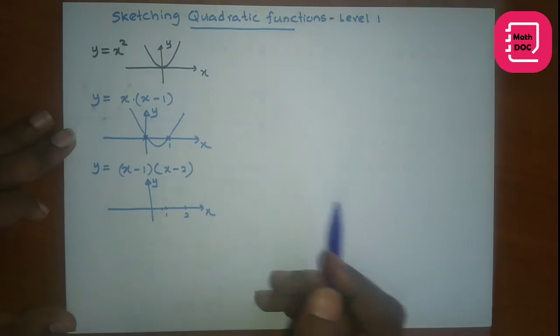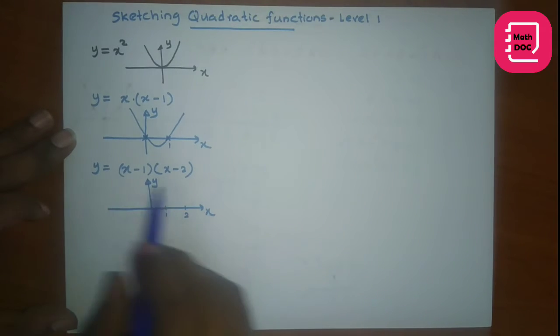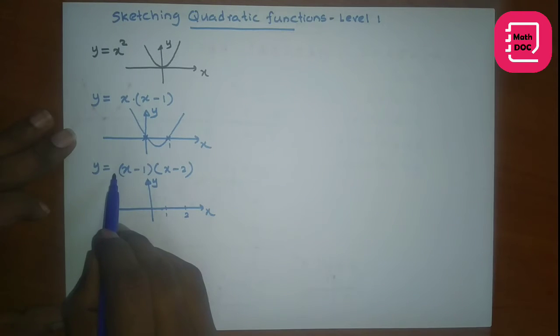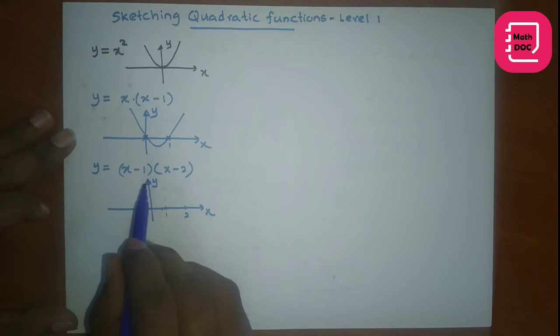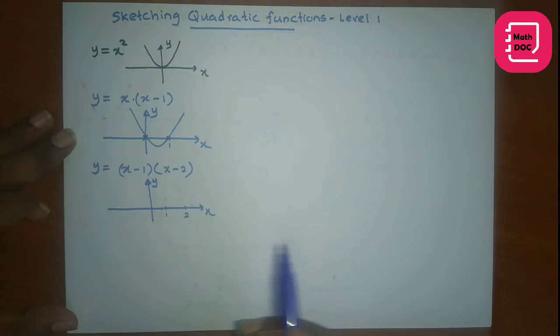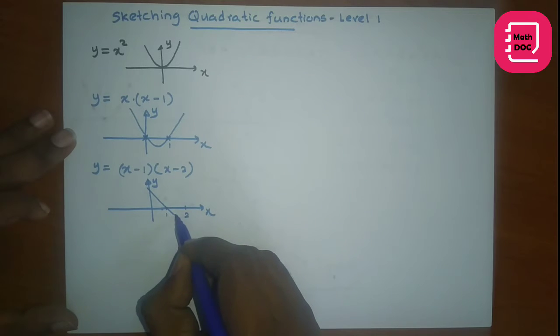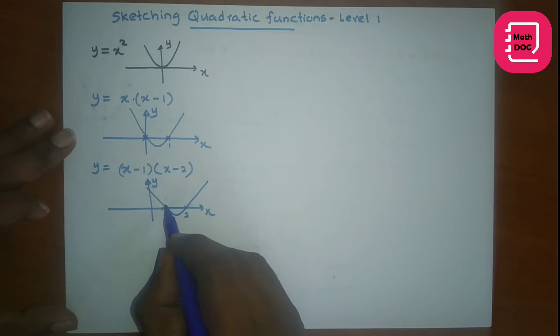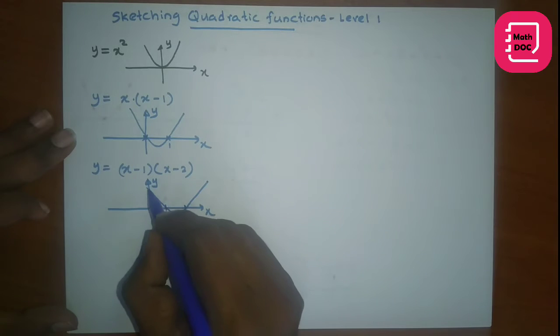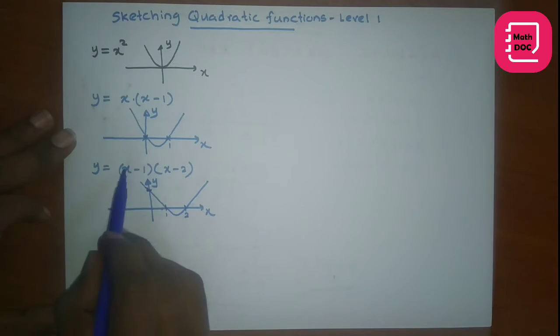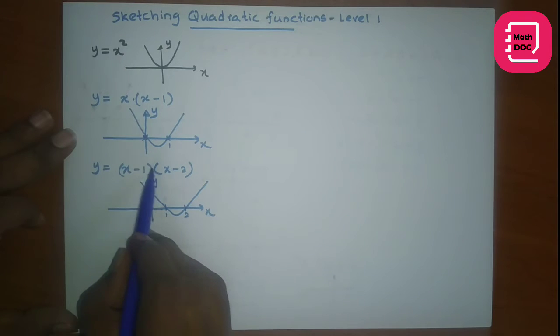And further, when you multiply these two x terms, the sign will be positive. Therefore, this function also has the minimum shape. And here, the graph. You sketch a minimum shape function passing through 1 and 2. And the y-intercept you can obtain by substituting x equals 0 into the function. Therefore, when you substitute x equals 0 here, minus 1 times minus 2, this will be 2.